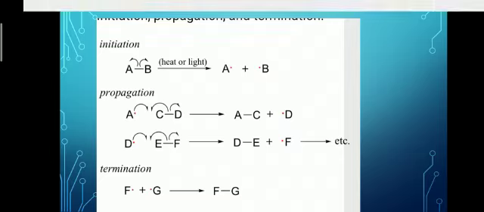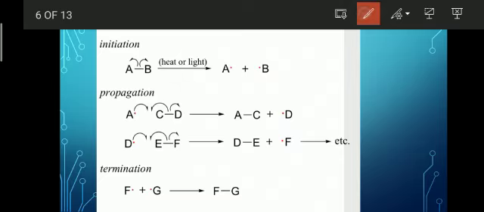In the first step, in the presence of heat or light, they give two types of radicals: A radical plus B radical. The second step describes the chain reaction.